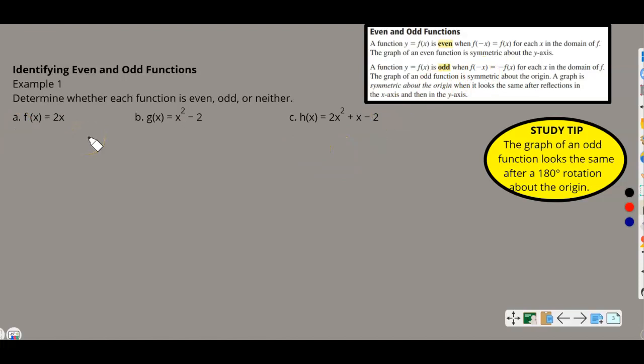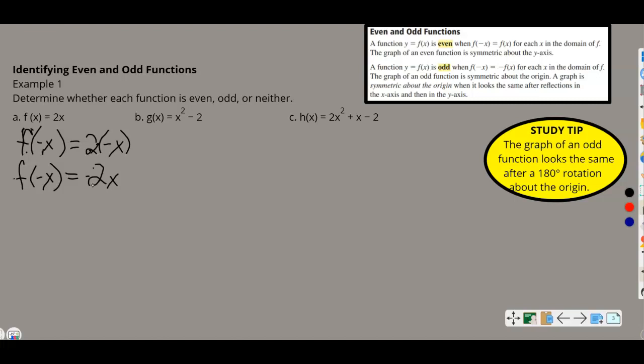So we're going to say f of negative x, and f of negative x means I have to substitute negative x over here as well. So I'm going to have f of negative x equals 2 times negative x, which is negative 2x.